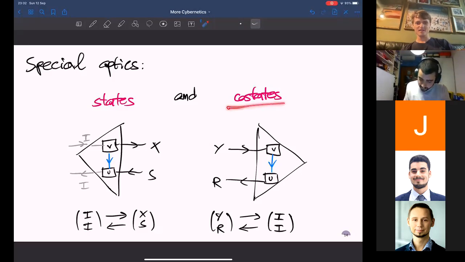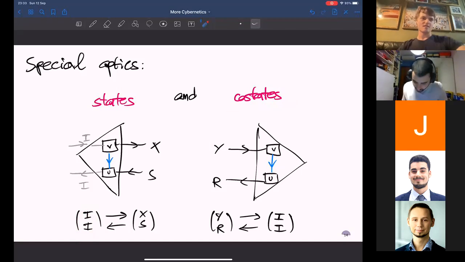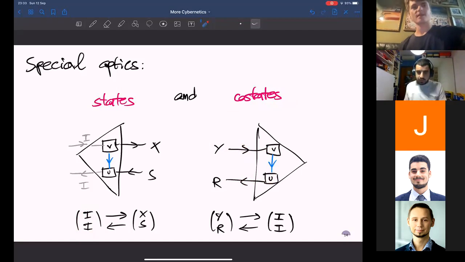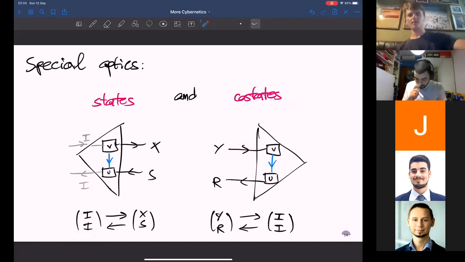So we say costates. Costates are the dual thing to states, and instead of being maps from the unit, they are maps into the unit. It sounds absurd until you work out that such a thing is exactly what allows you to bend the wire and start the feedback pass after you did the action pass. So you have a pair of maps here mediated by a blue thing, something that is storing a state temporarily.